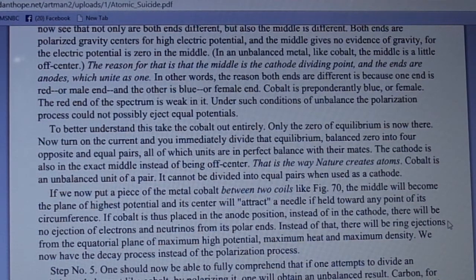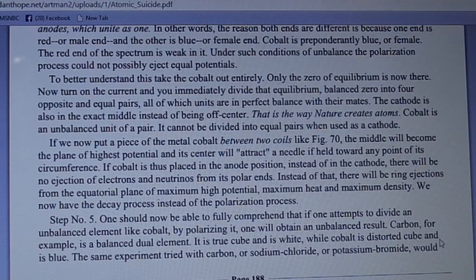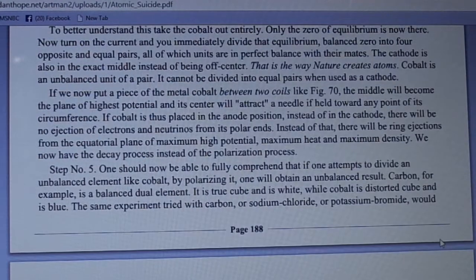Instead of that, there will be ring ejections from the equatorial plane of maximum high potential, maximum heat, and maximum density. We now have the decay process instead of the polarization process.